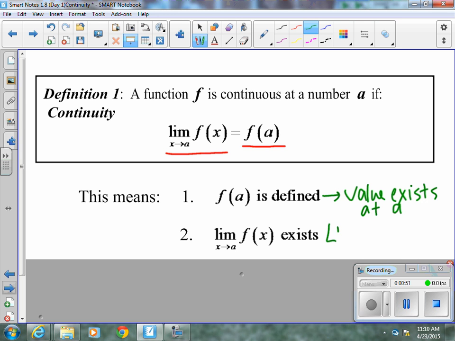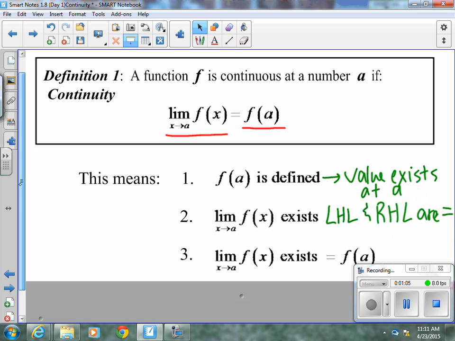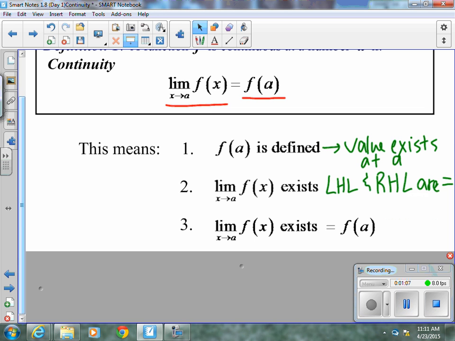Remember, that means the left-hand limit and the right-hand limit are equal. And thirdly, the limit that we already decided existed in number 2 has to equal that value. So the last idea is that the limit equals the value.